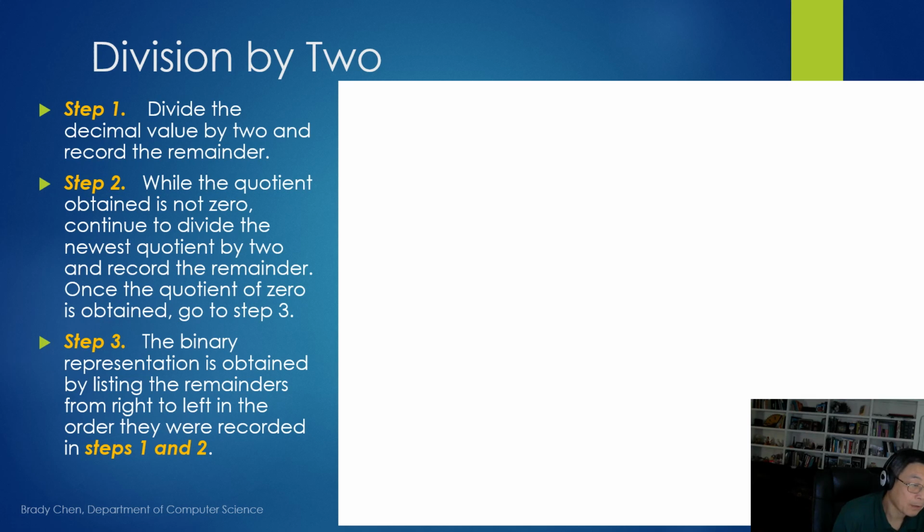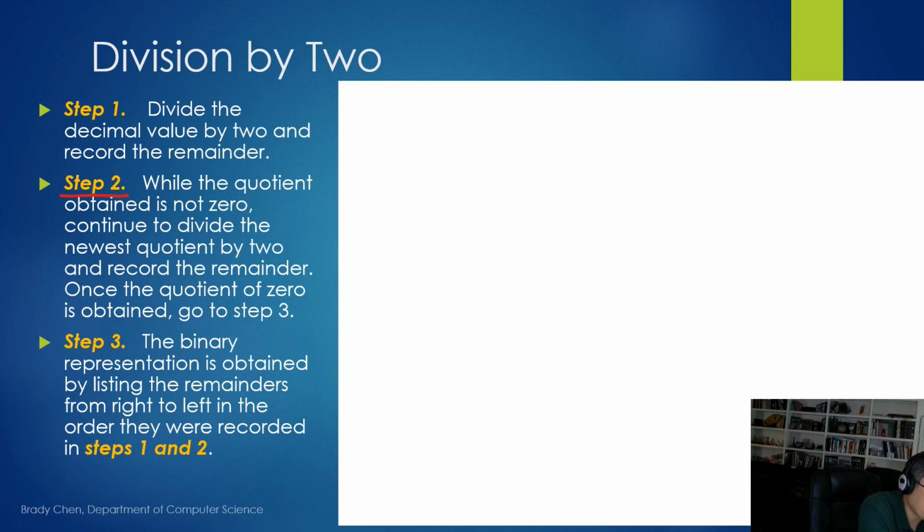And then in step 2, if the quotient of this division is not 0, then we're going to continue to divide the nearest quotient by 2 and record the remainder. We're going to continue to do this. Once the quotient of 0 is obtained, then we go to step 3.